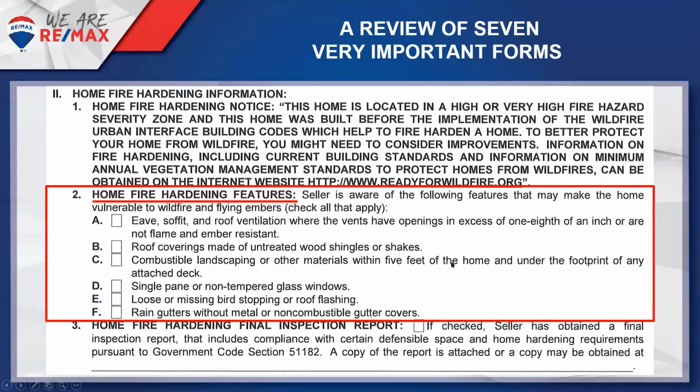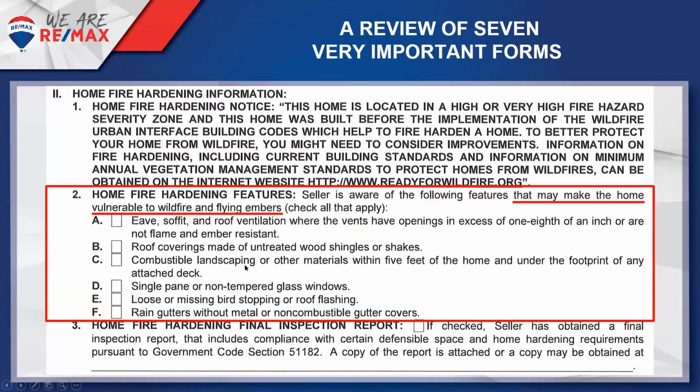The civil code also requires the seller to answer questions about fire hardening features. Now, the questions are asking if the seller is aware of the following features. If a seller is not aware of a feature, she's not saying it does or doesn't have a feature. She's saying whether or not she's aware of the features.